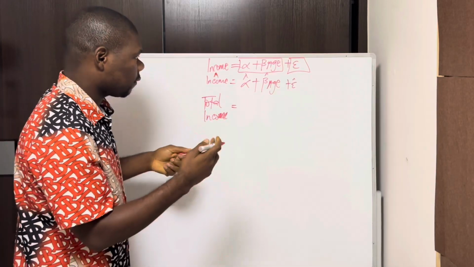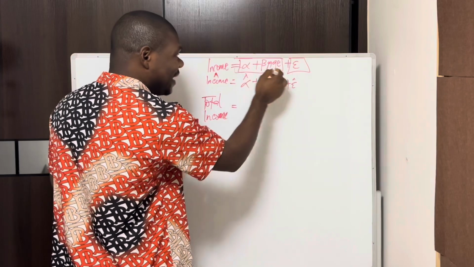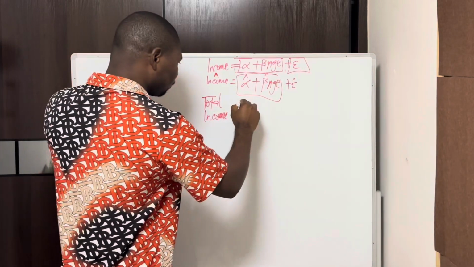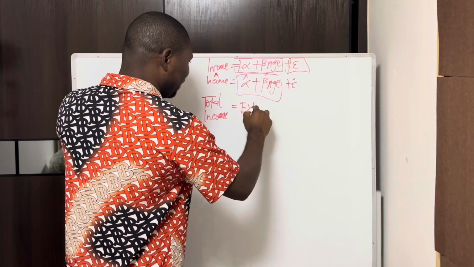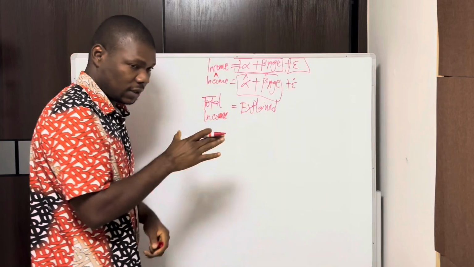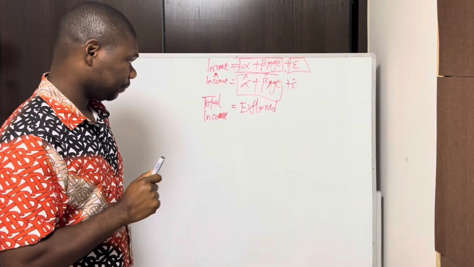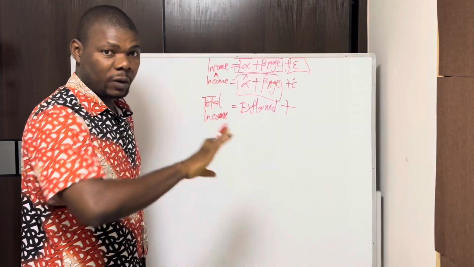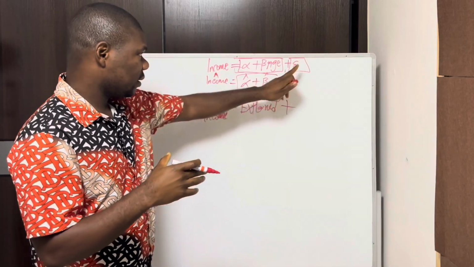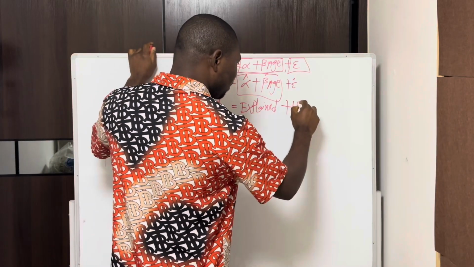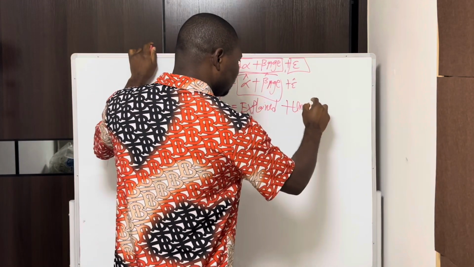The first part is the part that we can explain, so I'm going to call it the explained. That is the part our model can explain. Plus, the second part is the part we cannot explain, which is the error, so I'm going to replace it with unexplained.